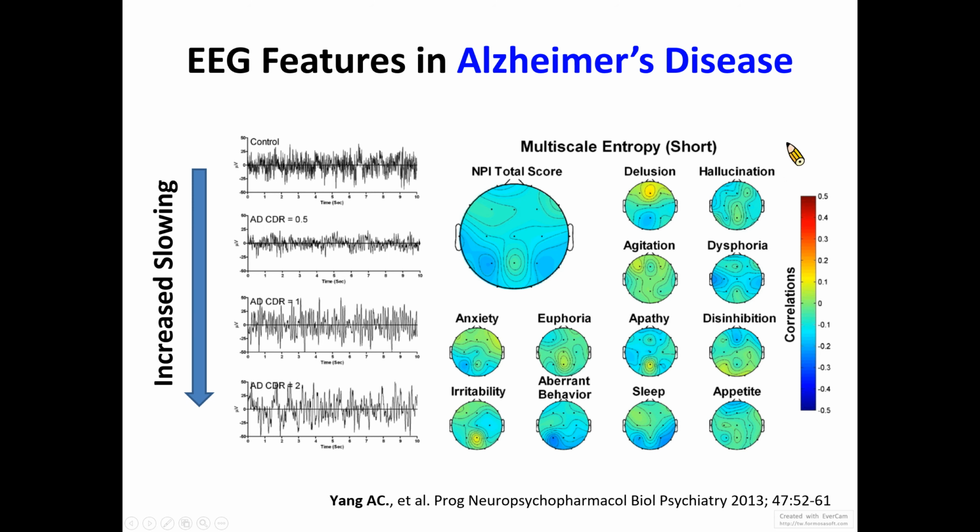For example, aberrant behaviors and sleep are more associated with occipital electrodes, whereas dysphoria is more associated with the temporal electrodes, and likewise for other symptoms. That is why maybe we can use the EEG and also the Neuropsychiatric Inventory data to find out the clusters of Alzheimer's disease.